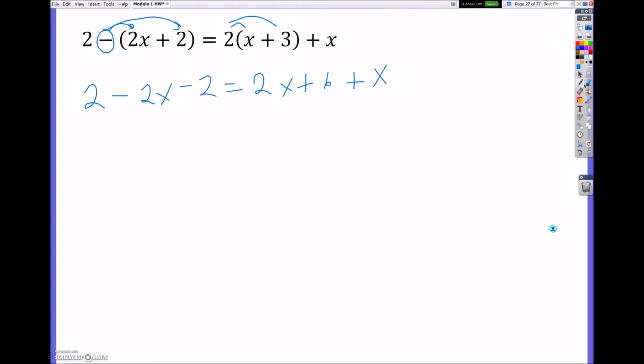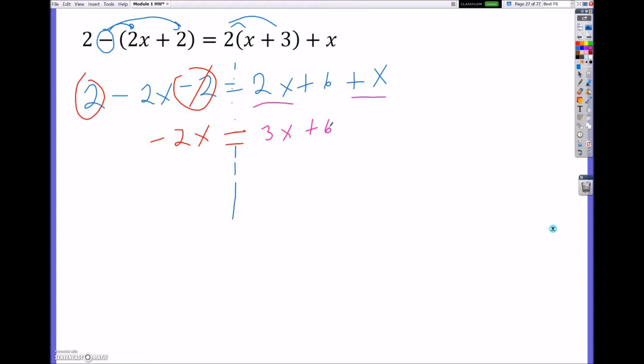And what we're going to do is look on each side of the equal sign and see if there's anything we can combine. So I have 2 minus 2, those just cancel, and I'm left with negative 2x is equal to, now let's look at this side. Here we have 2x plus x, which would give me 3x plus 6.